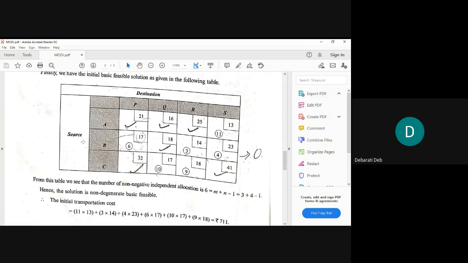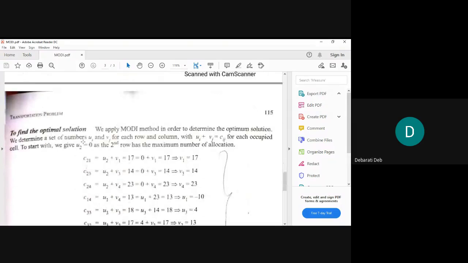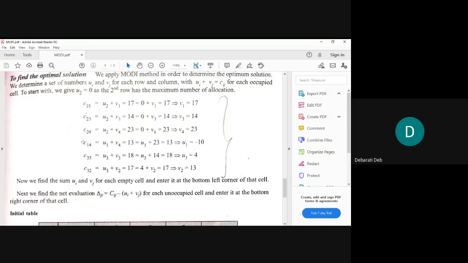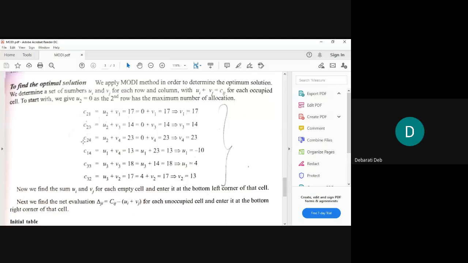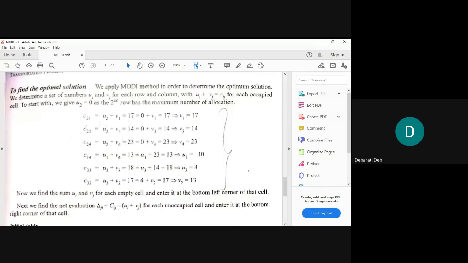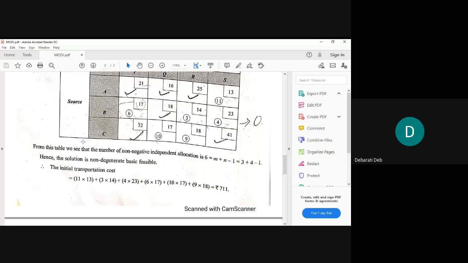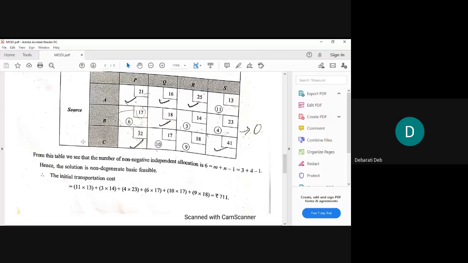And one more thing I have to mention, that we are going to calculate this only for the occupied cells. Occupied cells means the cells where allocations have been made. For those cells only we will calculate, not for all the cells. I forgot to mention this yesterday also, that we calculate this, with the assumption that U2 is 0, only for the occupied cells.